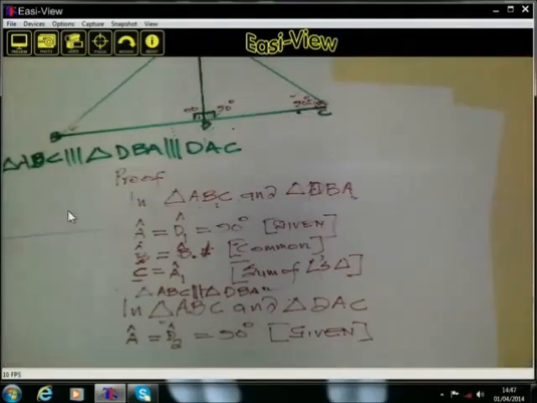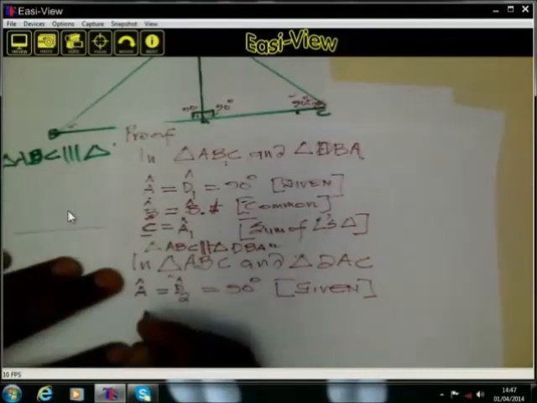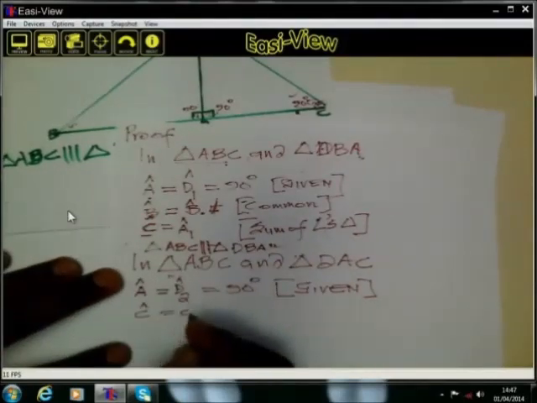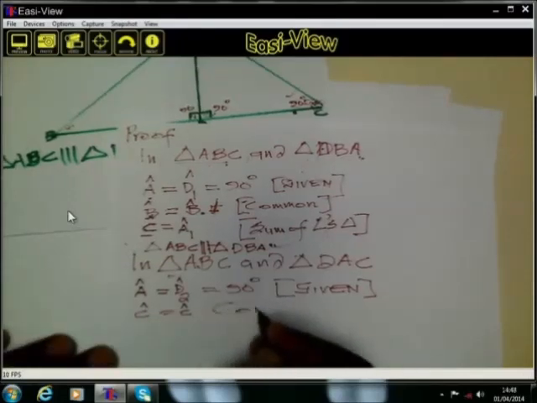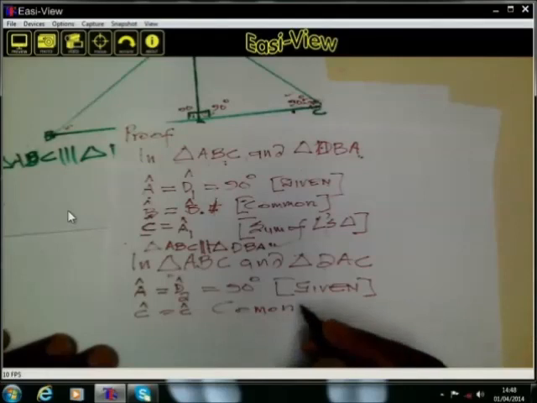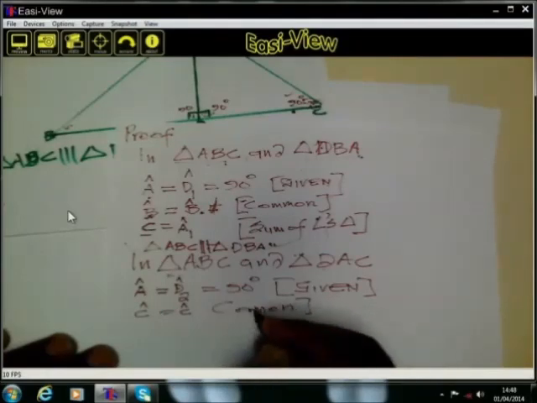So it means C is common in both triangles. C is equal to C, and it is a common angle in both triangles.